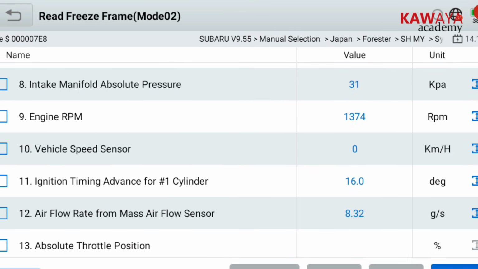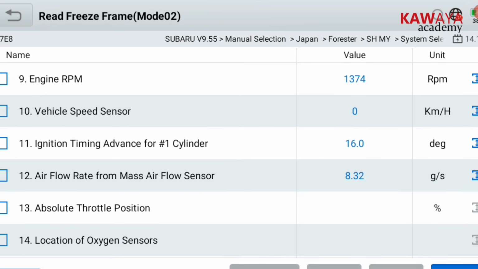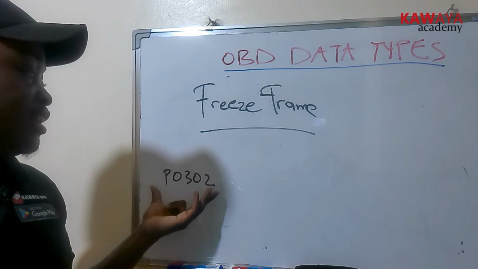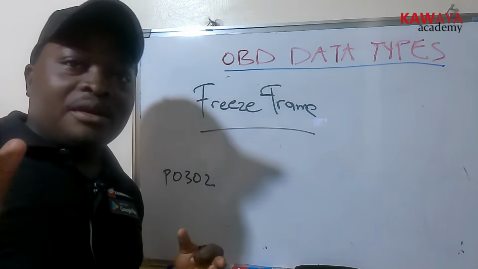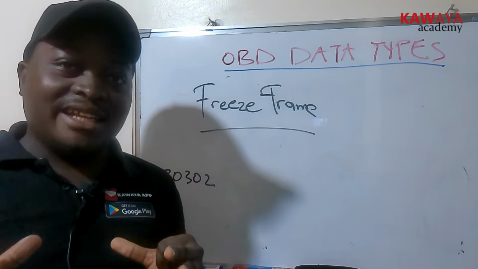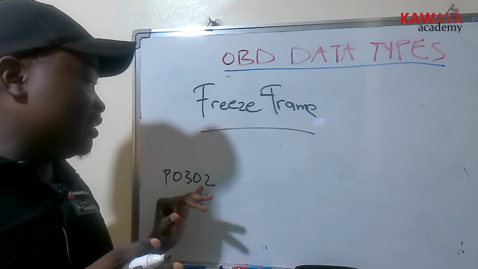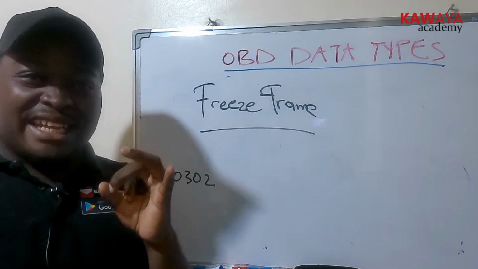For example, if we have that code I've shown you, P0302, it is showing us that we're having a misfire on cylinder 2. The vehicle may capture data that happened.